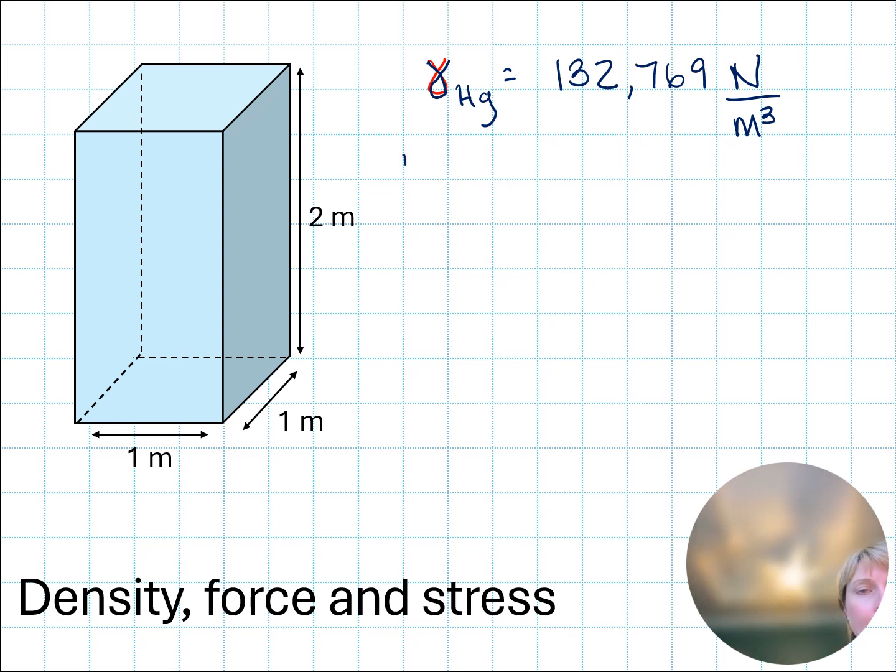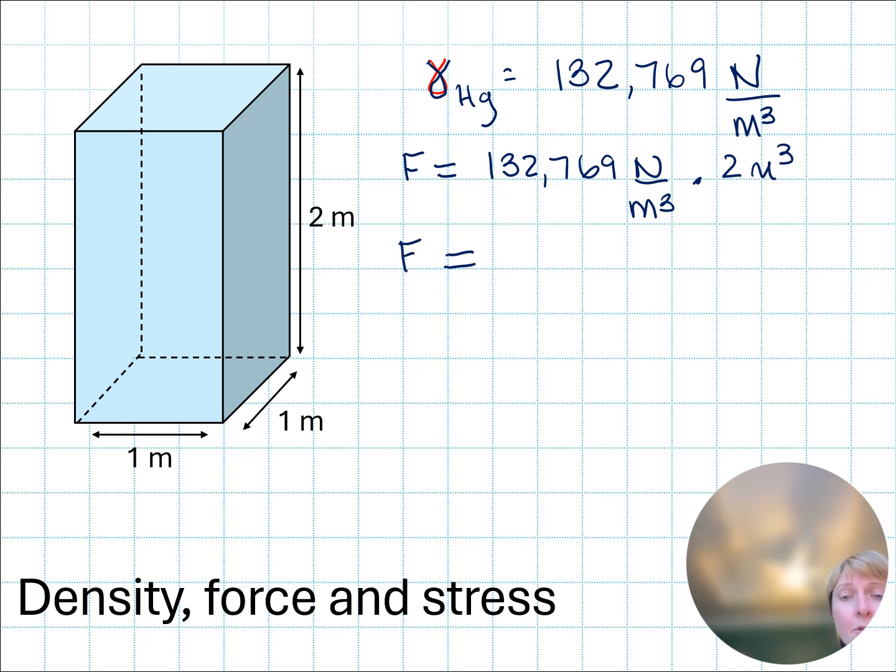But now the force that is created is going to be the combination of this unit weight and the volume of mercury in my problem. So the weight, or the force, created by this mercury has doubled.